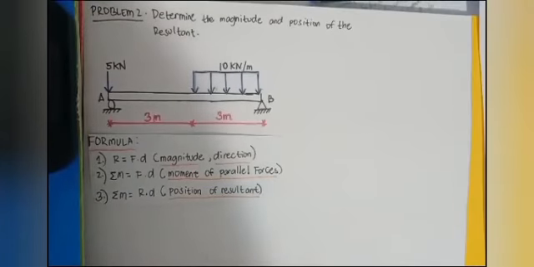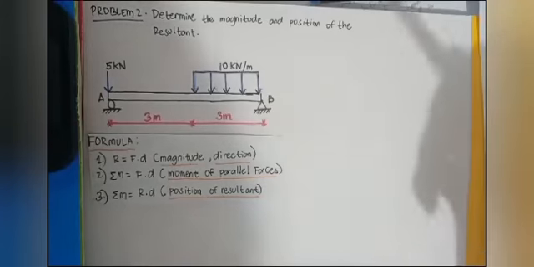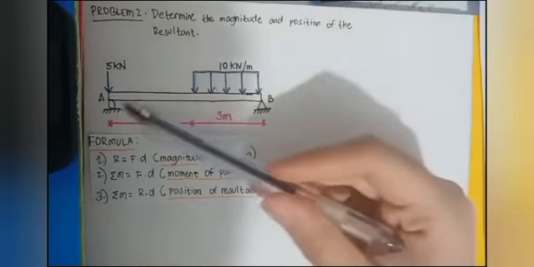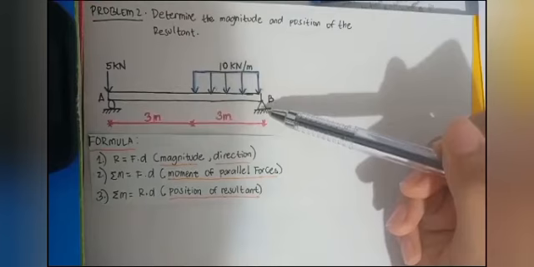Here is another example problem of the resultant of a parallel force system. We will solve this the same as problem number 1. We will just determine the magnitude and the position of the resultant. Based on the figure here, we have two supports, the roller and the hinge.